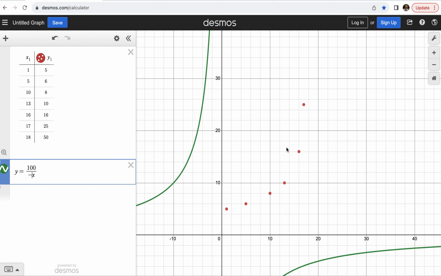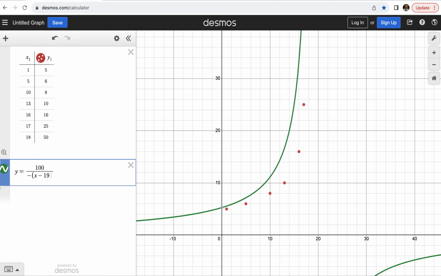I need to slide it over so that instead of x equals 0 being the vertical asymptote, it's at, say, 19 or 18 or something like that. So I need to slide it over. To do that, to move it in the positive direction, I have to subtract, let's say, 19 from the x. Now, I'm getting close to this place.